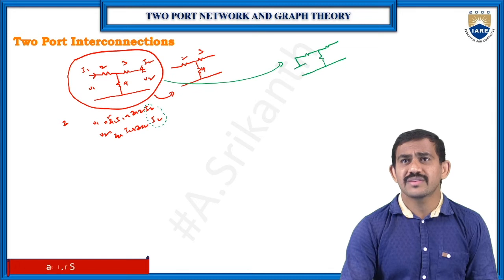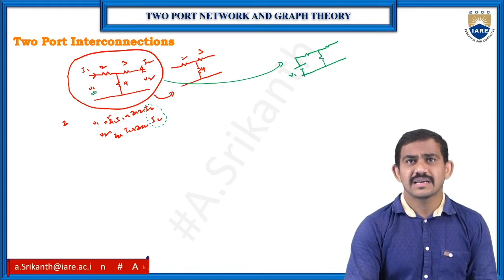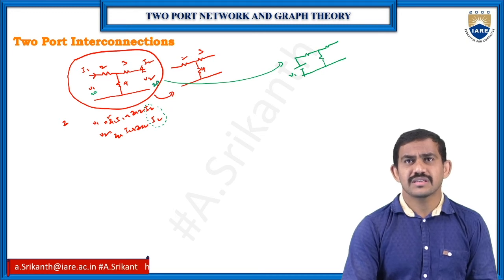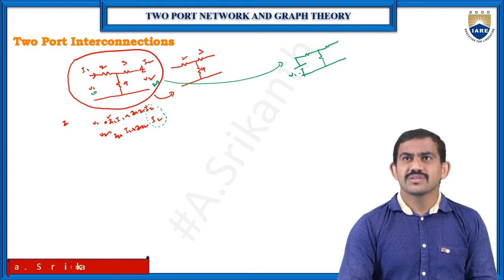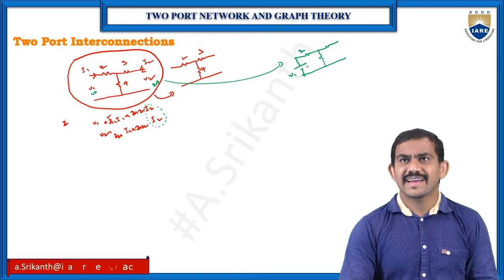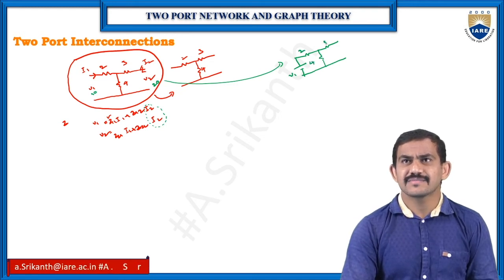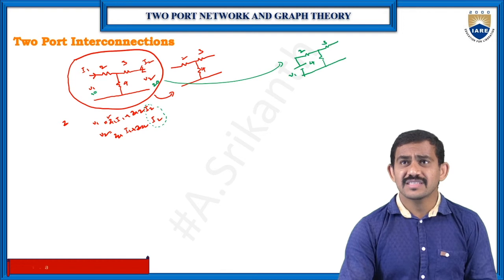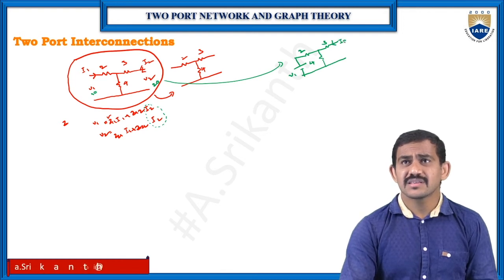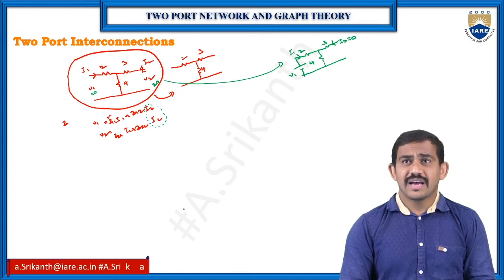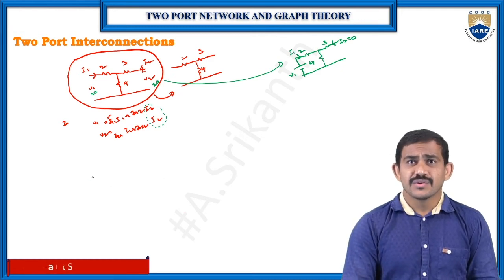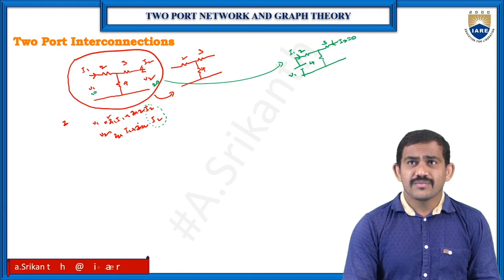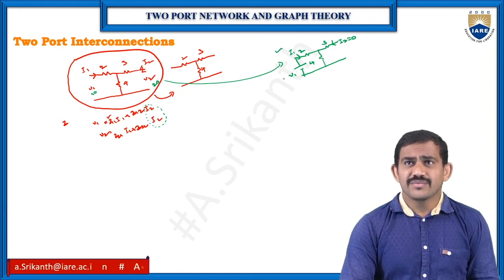So I have only the V1 value. Suppose V1 is 10, and some different values on the other network. Since I2 is 0, the secondary side is open, so we have the I1 value, and V1 we know is 10 volts.